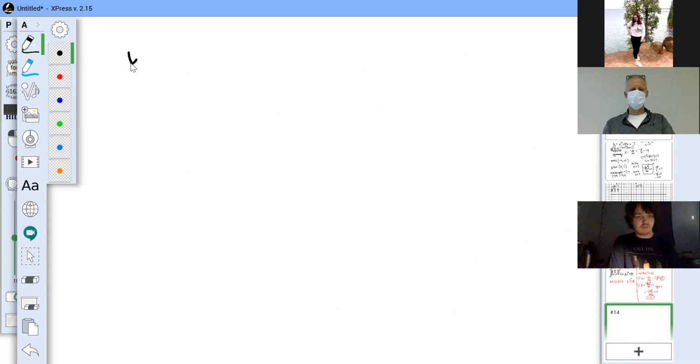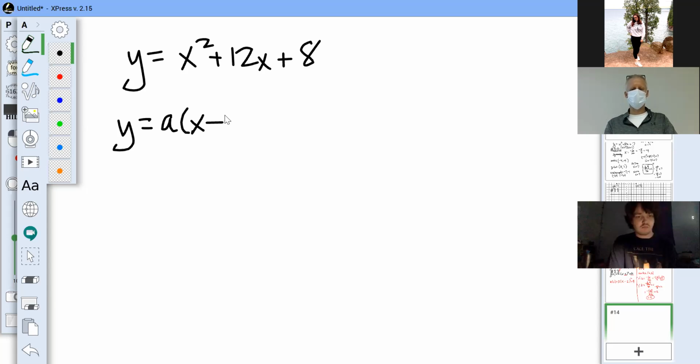All right, let's do y equals x squared plus 12x plus, I don't know, 8. Let's do that. So we want to write it in a times x minus h squared plus k form.